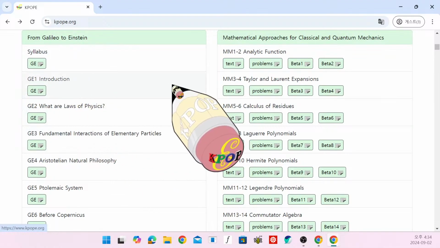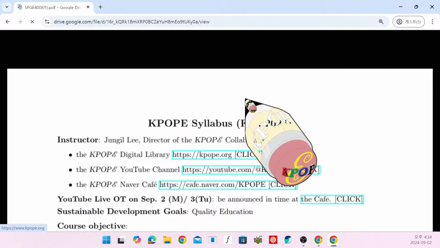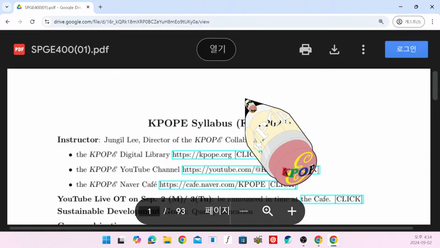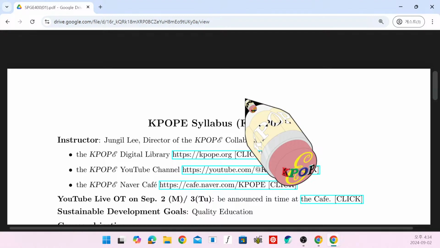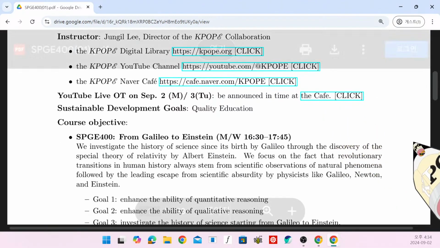And even though I have four classes in this semester, I have only a single unified version of the syllabus. I know many of you take not a single course, but two courses, so it's convenient to make a unified version. So this is the K-pop syllabus.